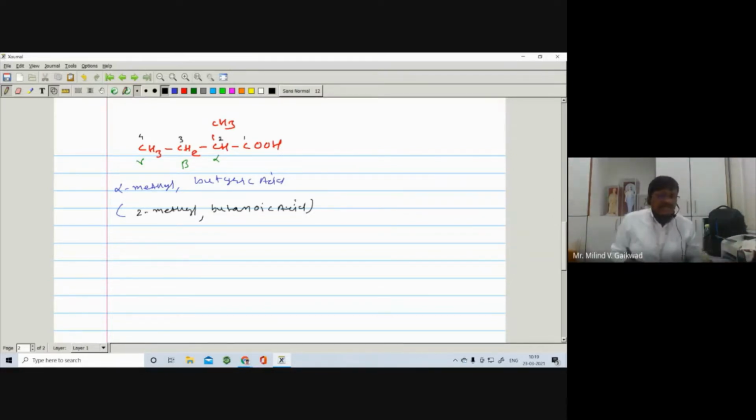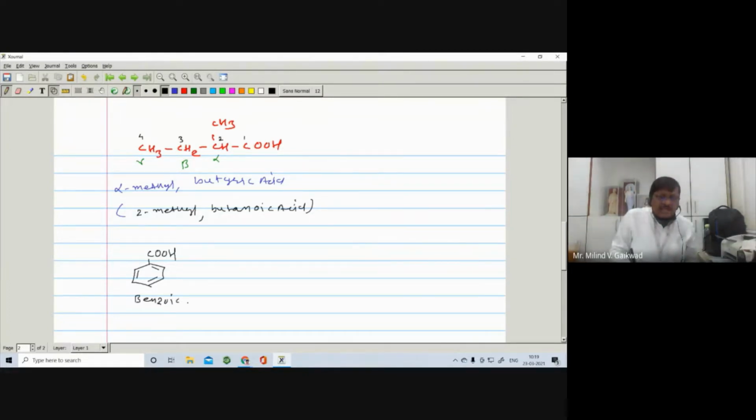Then some aromatic compounds. Here is a benzene, and there is the presence of a COOH. It is called benzoic acid.